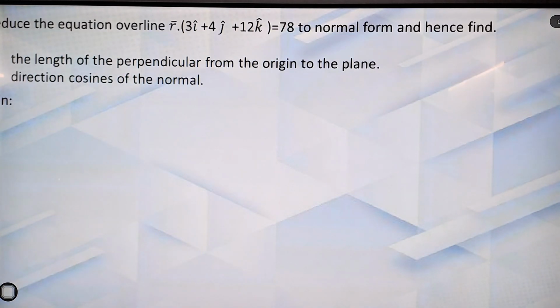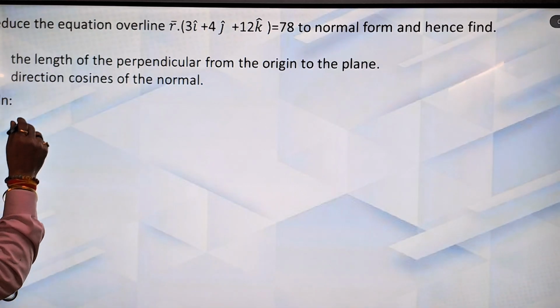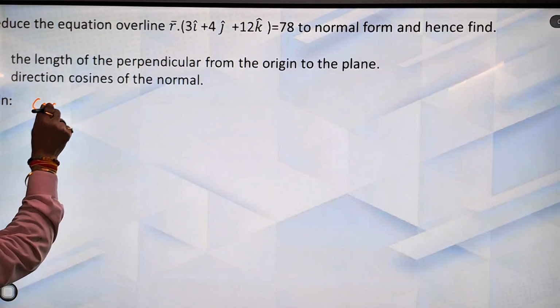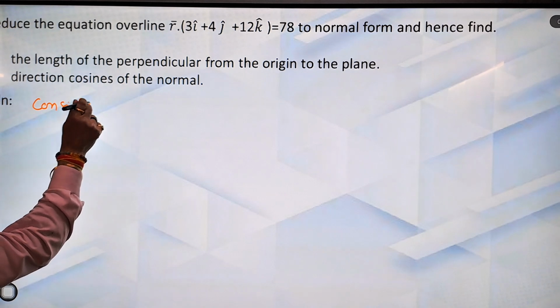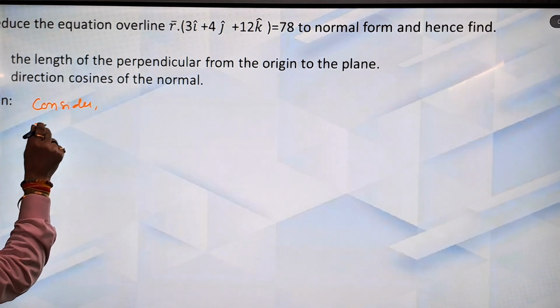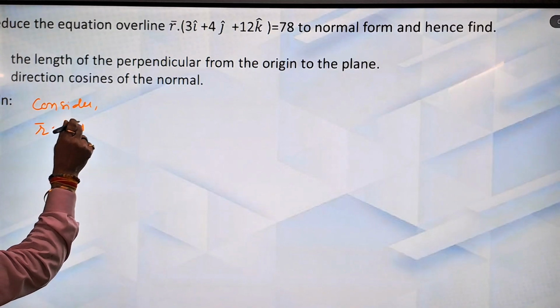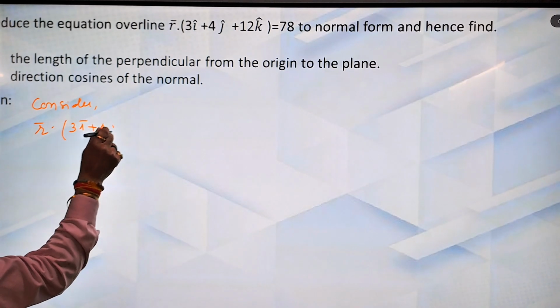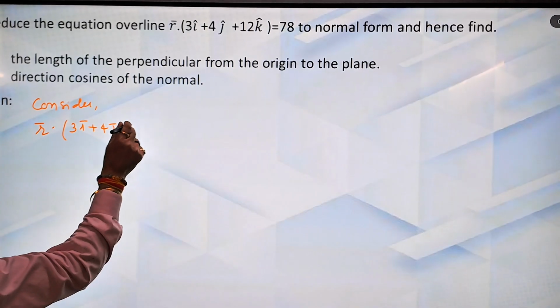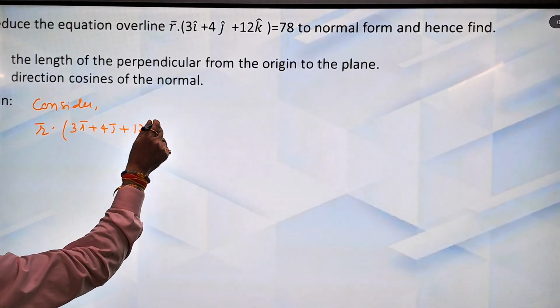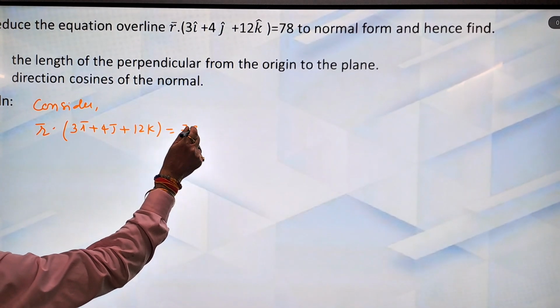Reduce this equation to normal form and hence find length of perpendicular drawn from origin to plane and direction cosines of normal. Consider r bar dot 3i plus 4j plus 12k is equal to 78.